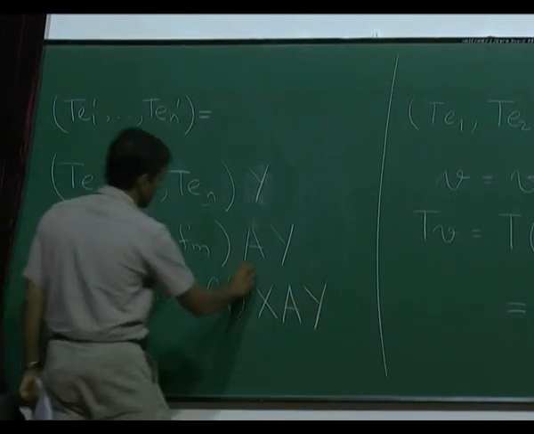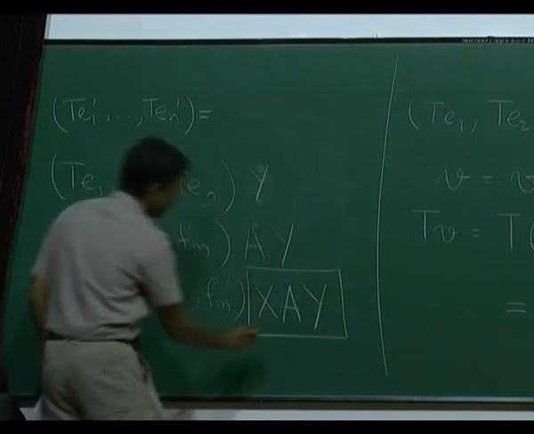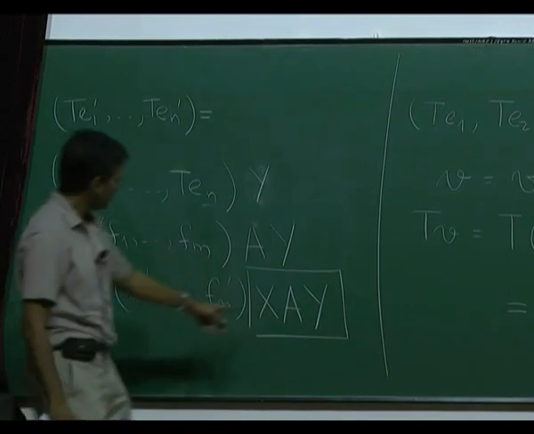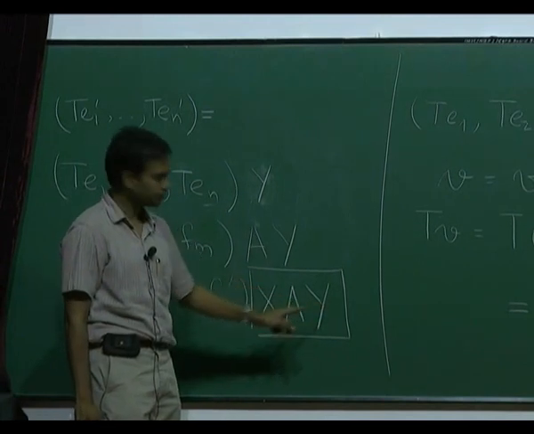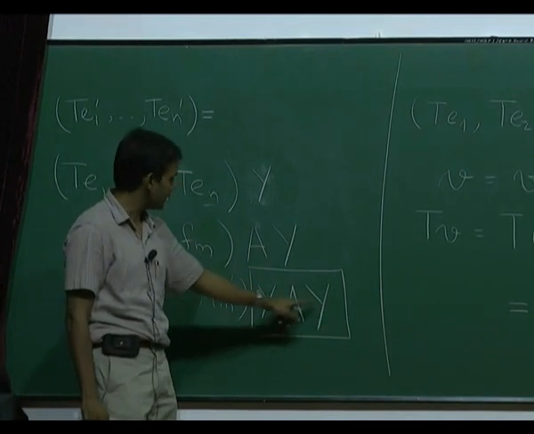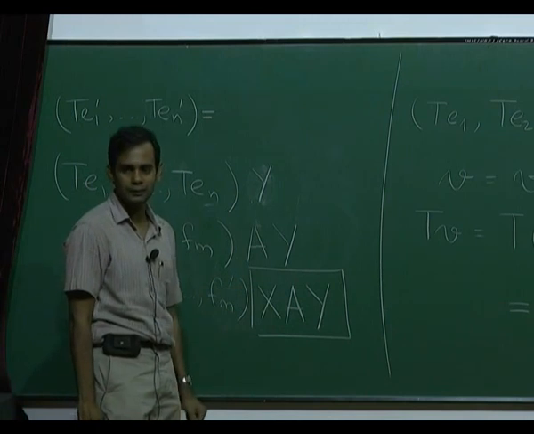So, this is the matrix we get. With respect to the new basis, the matrix of T has changed to x times A times y, and this x and y, they are non-singular matrices.